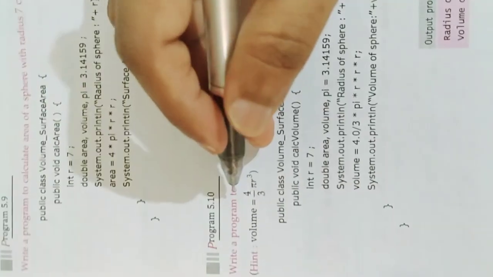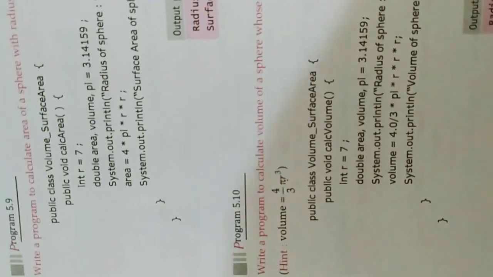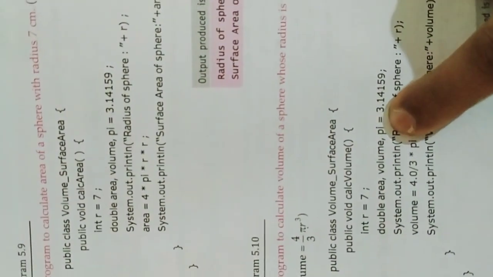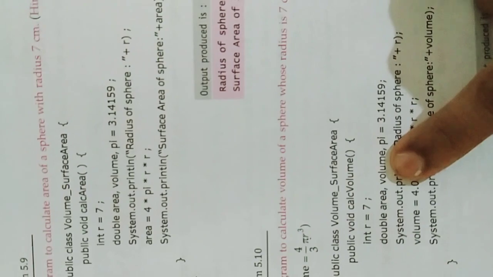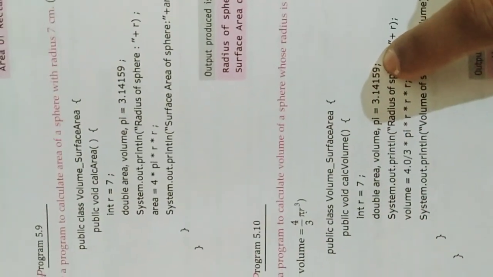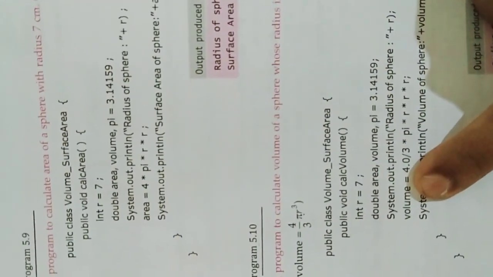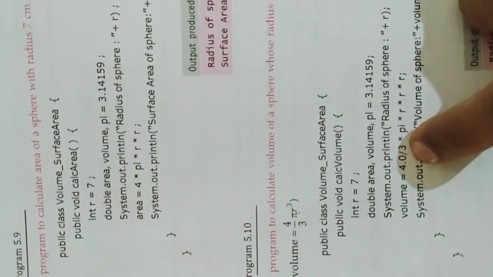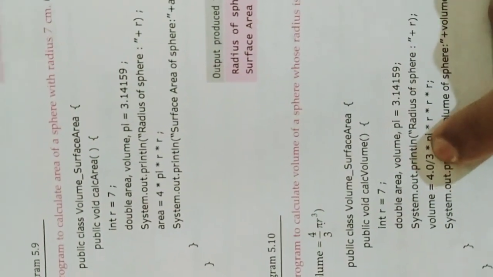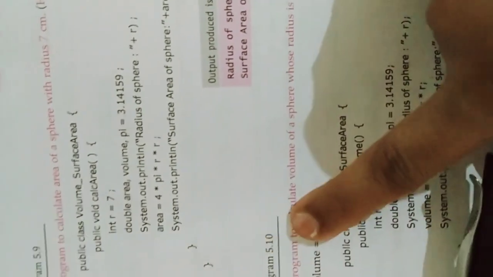See, to calculate 4 by 3 pi r cube, there is no pi in the computer, so you have to assign a value, like this. You have to assign values: double area, volume, pi is equal to 3.14159. There is no pi, simple. So how have they calculated? See, volume is equal to 4 by 3, you can write 4.0, it's up to you. 4 by 3 into pi into r into r into r, that is r cube.